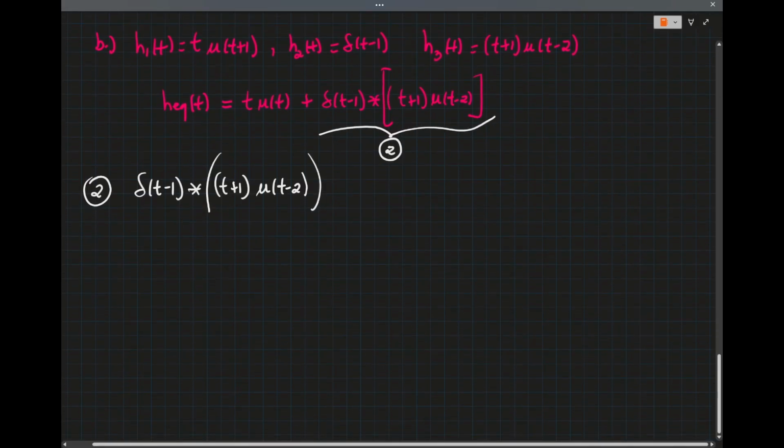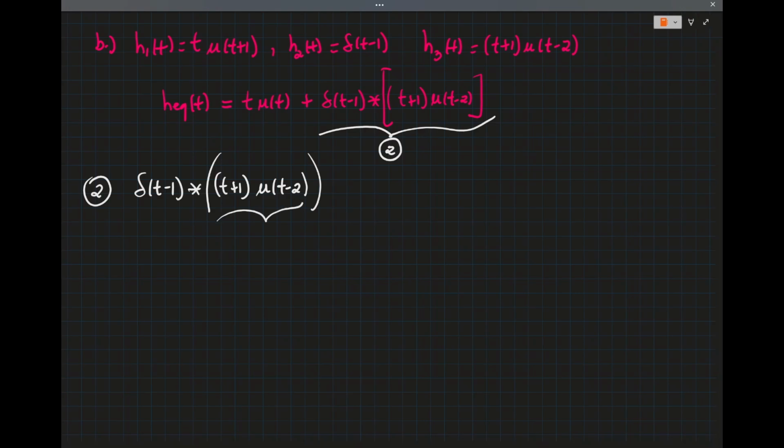I am going to call this another function, maybe p of t. That means I have delta of t minus 1 convolved with p of t.